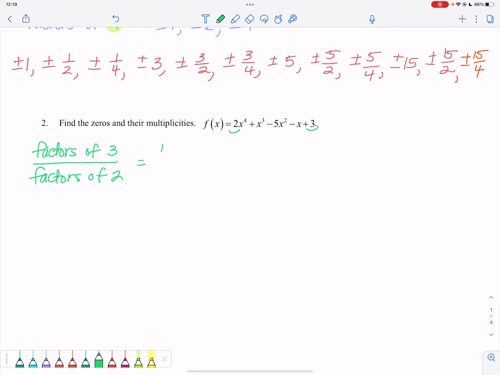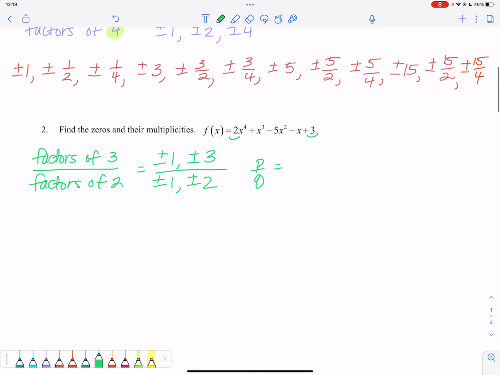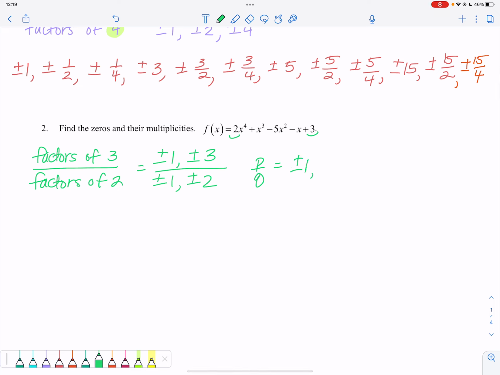And then we'll have plus or minus 1, plus or minus 3, and then we have plus or minus 1 and plus or minus 2. So this isn't that bad. So our P over Q's, our possible zeros, are going to be plus or minus 1, plus or minus a half, plus or minus 3, plus or minus 3 halves.